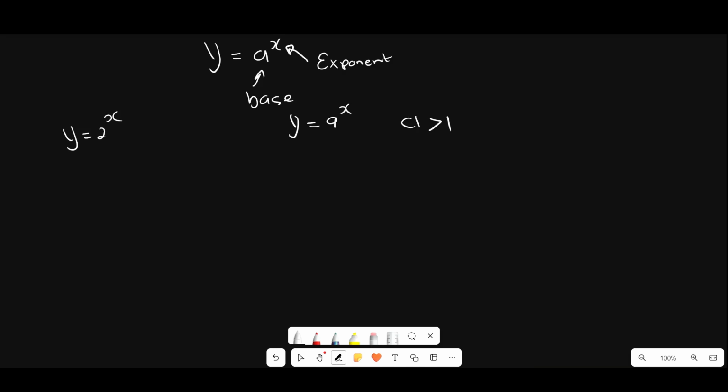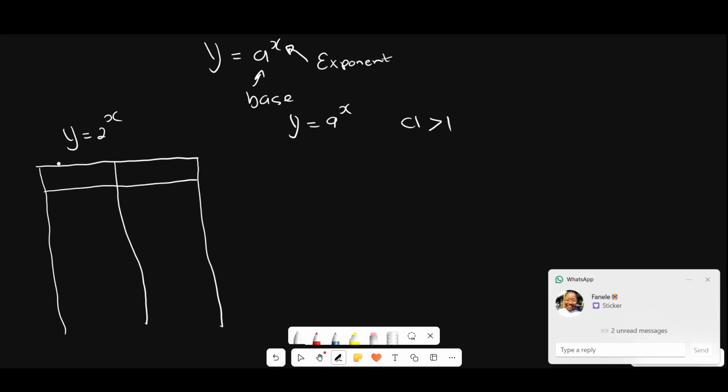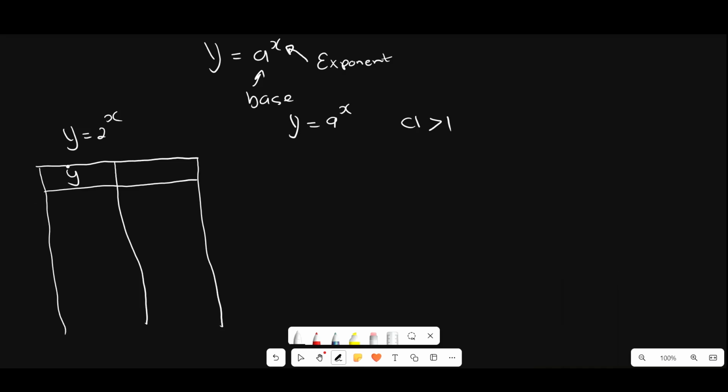Now with this one here, what I'm going to do is place a box to write all my x values and corresponding y values. Let us write a box, and hence I will have my y values and I will have my x values.